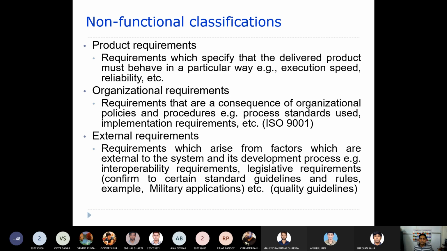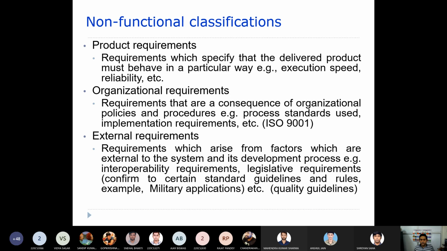In that case you should follow the guidelines of the Government of India. Whatever guidelines the TRAI provides regarding the use of those frequencies, you have to follow. These sort of requirements are the external requirements. Maybe you are going to interoperate the software developed with other software, so you should meet all the required external requirements.